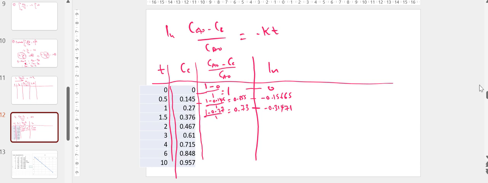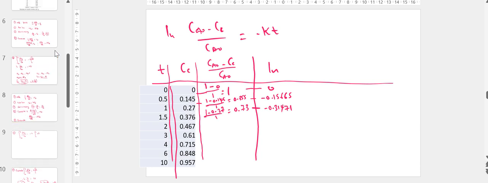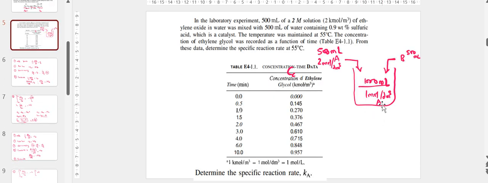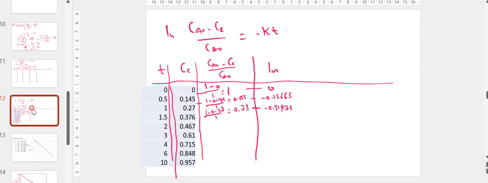We already know our Ca naught from here: it is 1 kilomole per meter cube, or 1 mole per dm cube. So when Cc is equal to 0 at time 0, we have 1 minus 0 over 1, which gives us 1. Ln of 1 gives us 0.